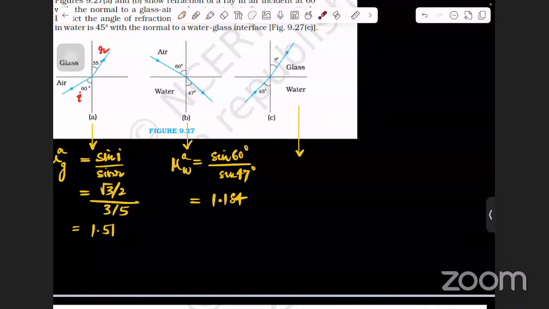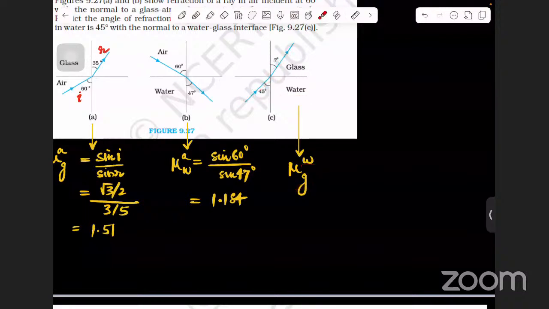Now, we need to find this thing, right? For the case, the ray is incident like this from water to glass, right? So this would be the refractive index of glass with respect to water. How do we write this? The incident ray is in which medium? Let's say it's in water, so the water would be above, and the glass, into which the refracted ray goes, would be below.